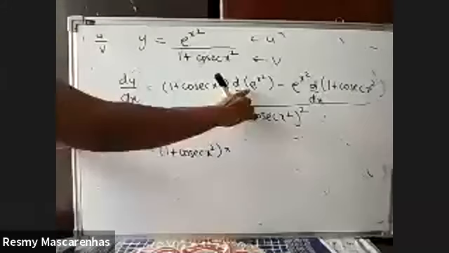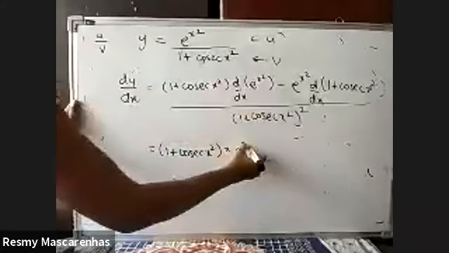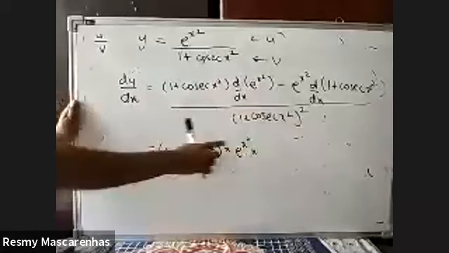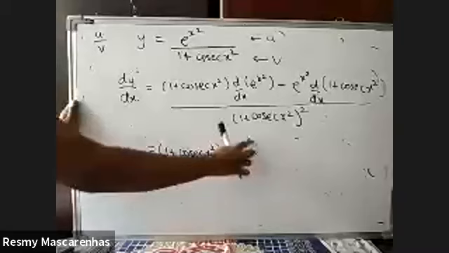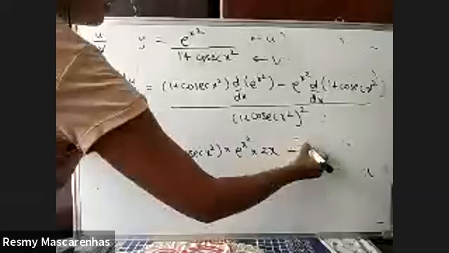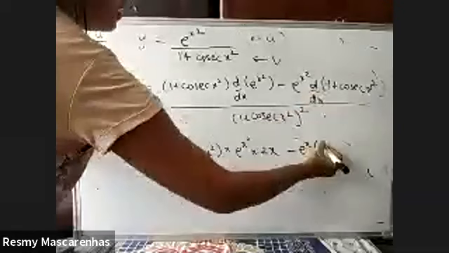The derivative of e raised to x is what? e raised to x only. But what is there? The power x square. The derivative will be 2x. The derivative of 1 is 0.